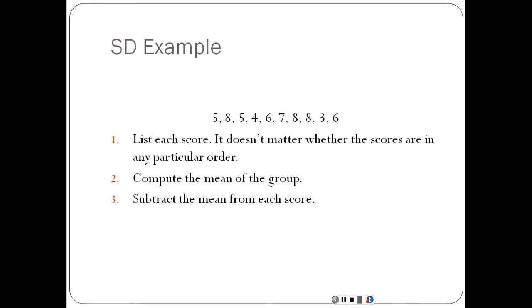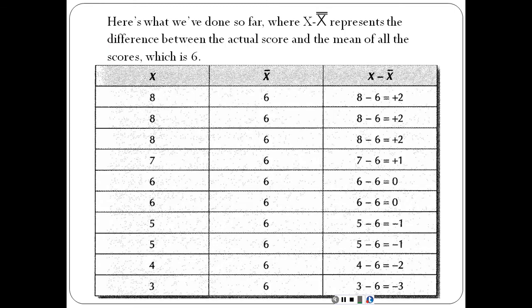Then you will subtract the mean from each score. So let's look at our table. We see right here the first column, X, is all of the actual scores, and then we calculated a mean of 6. In our third column, it shows that we are subtracting that mean from each individual score.